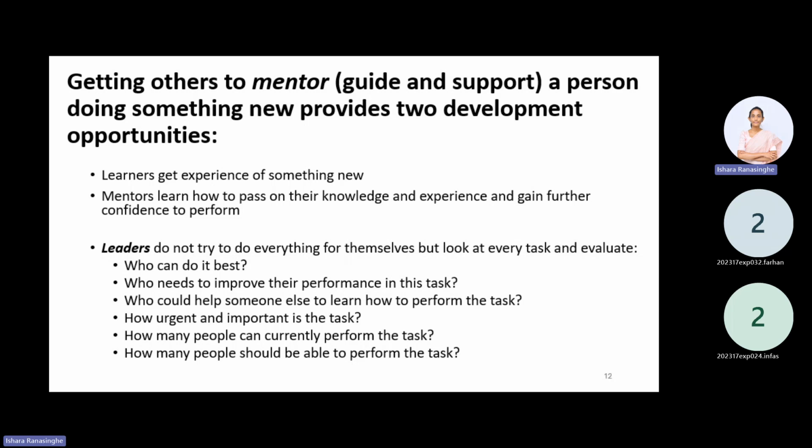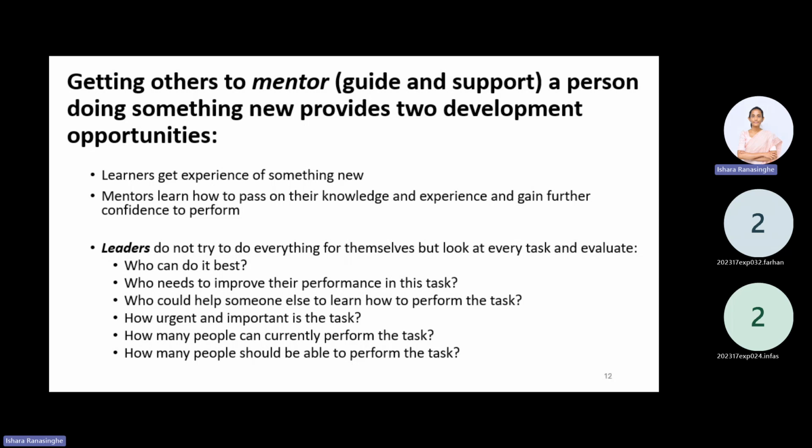Learners, that is subordinates, get experience of something totally new. Then the second point says mentors learn how to pass on. Mentors in the sense here are leaders, managers. Managers learn how to pass on their knowledge and experience and get further confidence to perform. Two benefits for them. That's the importance of delegation.